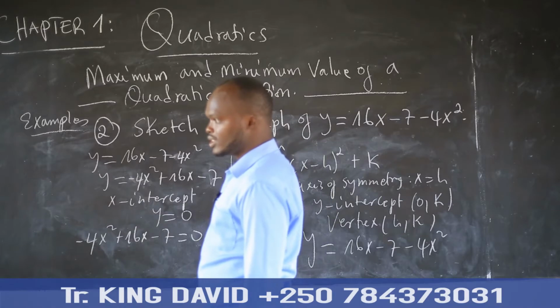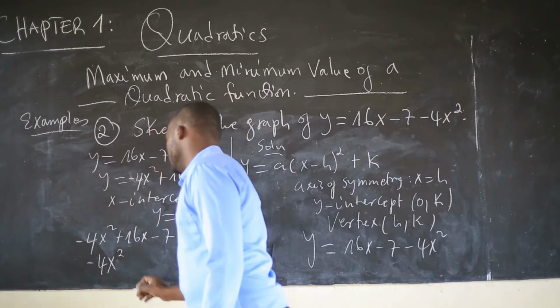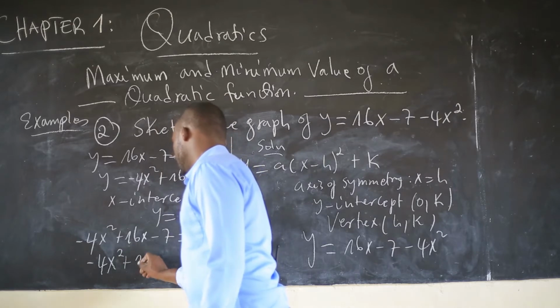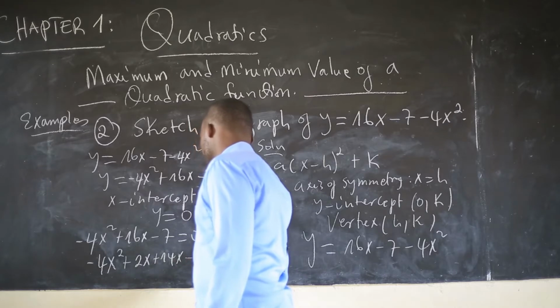So it is 14 and 2. So that's negative 4x squared plus 2x plus 14x minus 7 equal to 0.